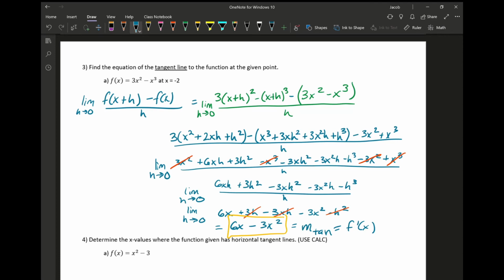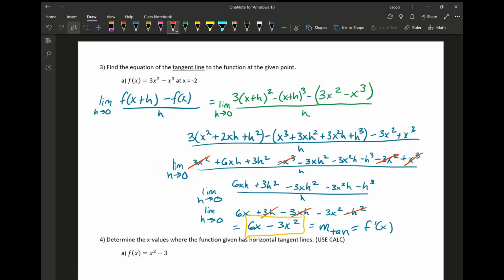So we want to find the slope when x equals -2. And I know I've written a lot there on the right side, so we're going to come over to the left side, and I'm going to say the slope is equal to 6 times -2 minus 3 times -2 squared. So this is -12 minus 3 times 4. So it's -24.